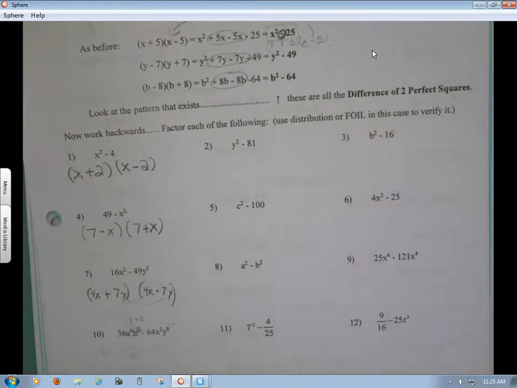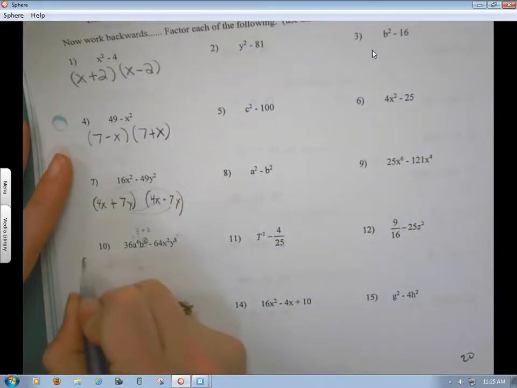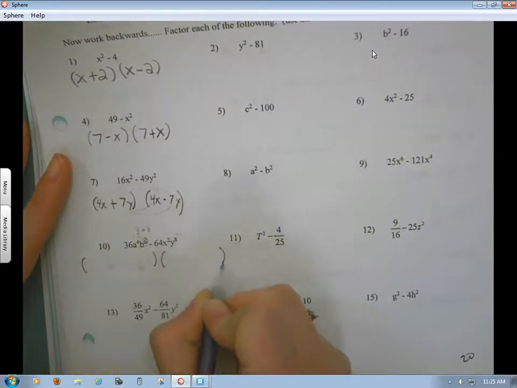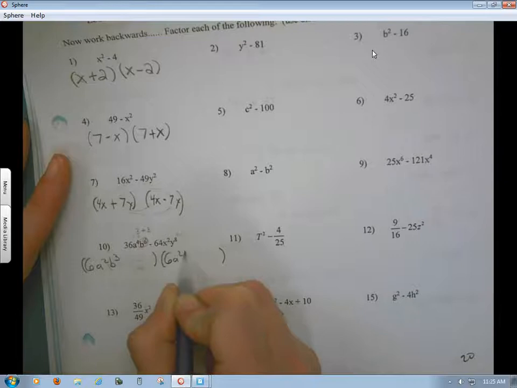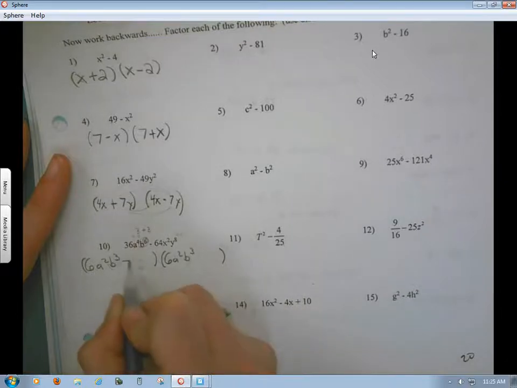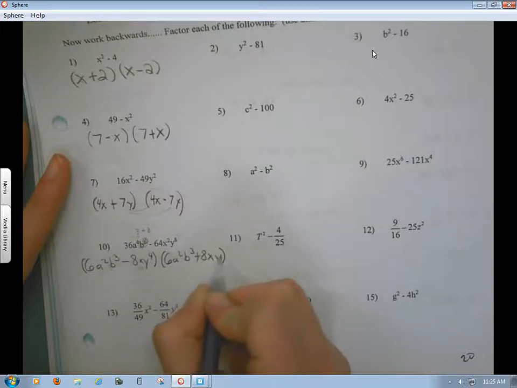So let's try that again, leaving some more room. That's better. So I've got 6a squared b to the third, 6a squared b to the third, minus 8xy to the fourth, plus 8xy to the fourth.